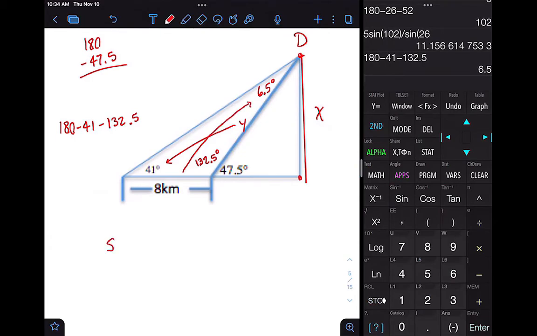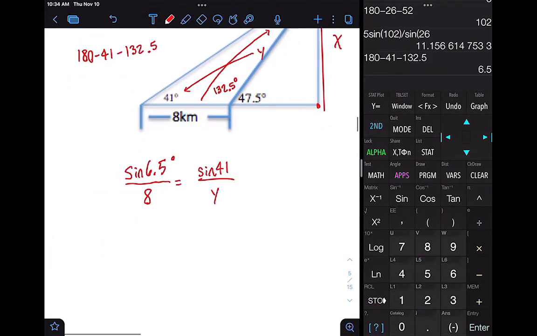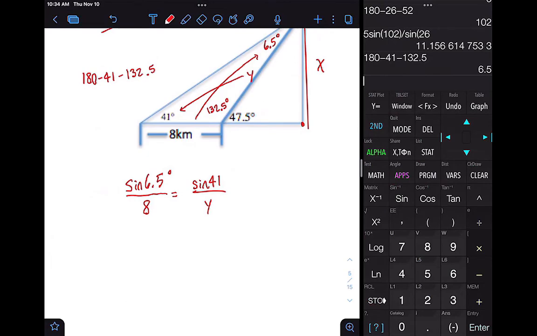So we're going to go sine of 6.5 degrees over 8 kilometers equals sine of 41 over y. That's just law of sines. We'll cross multiply and divide. That's going to come out, I'm just going to type it here to the side, 8 sine 41, and divide by sine 6.5.